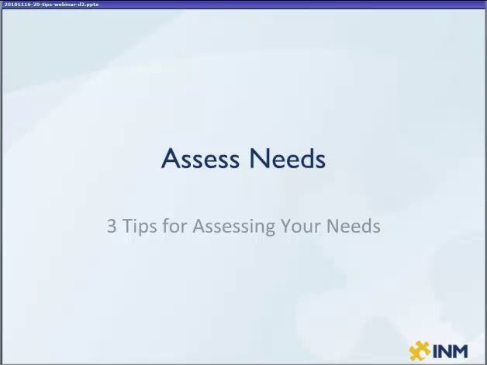So let's start looking at our tips. The first major step in any web redesign project should always be to assess your needs. Why? Well, the goal here is basically so that you don't want to leave it up to impressions that a group of people have as to why you need a web redesign project. You actually want facts.